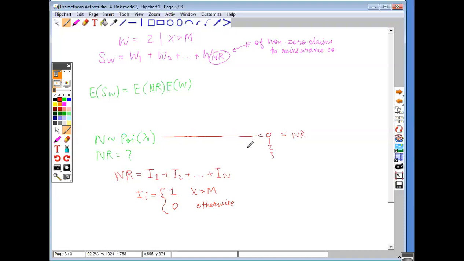So I have rewritten NR in terms of a random variable which I'm adding up n number of times, and this random variable takes the value 1 if my X is greater than M, and 0 otherwise. So my NR essentially is now just a summation of I's, where i takes values from 1 to capital N.